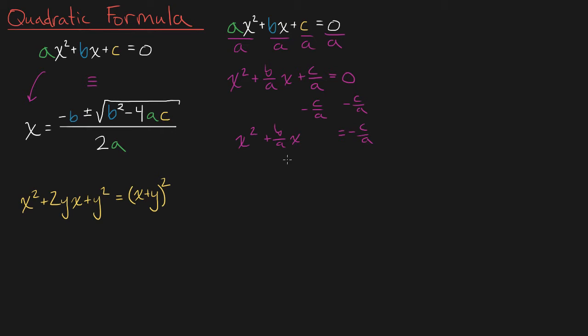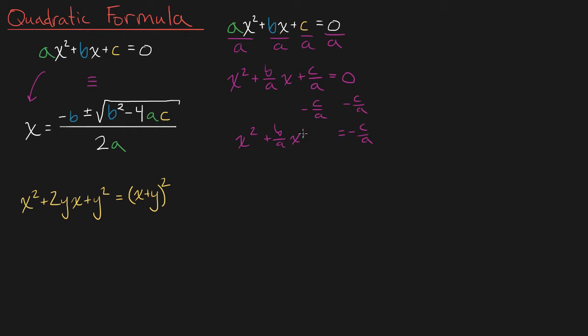And so the next thing that I'm going to do here is look at the coefficient in front of my x term here, that's b over a, and the term that I want to add here is the square of half of b over a. That's what I have here: y is half of 2y, and then I take the square of that, and so that's exactly what I'm going to do here.